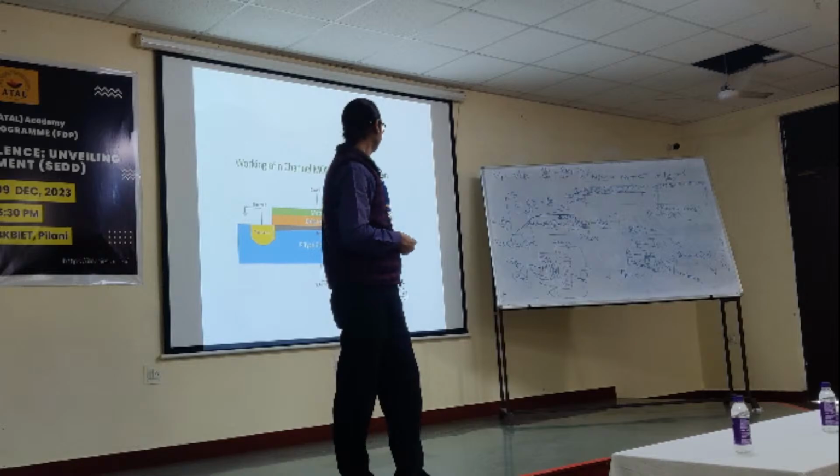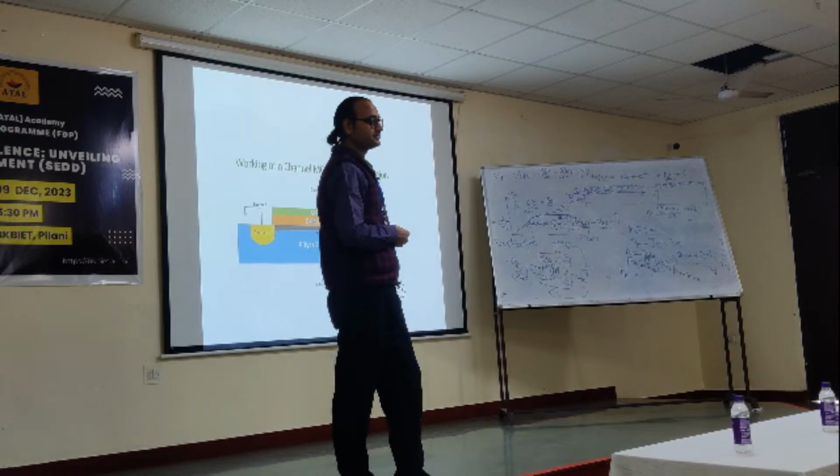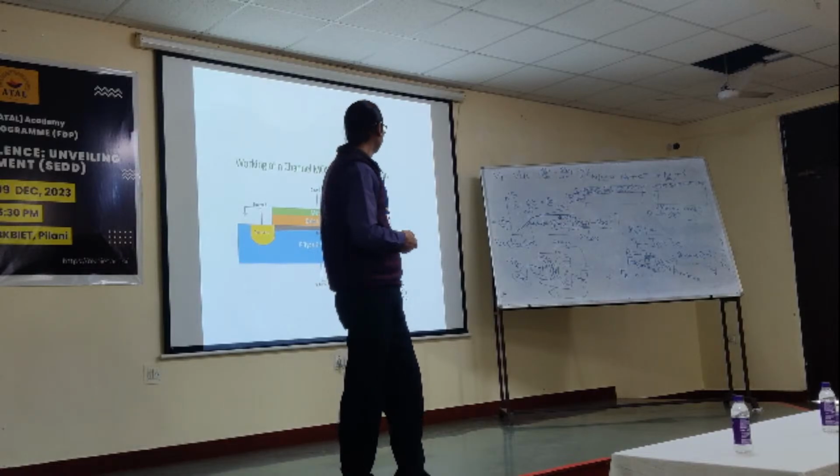Here we simply do it by doping. Here there is no well. Sir, there is one question. Can we design the BJT with the help of two diodes?